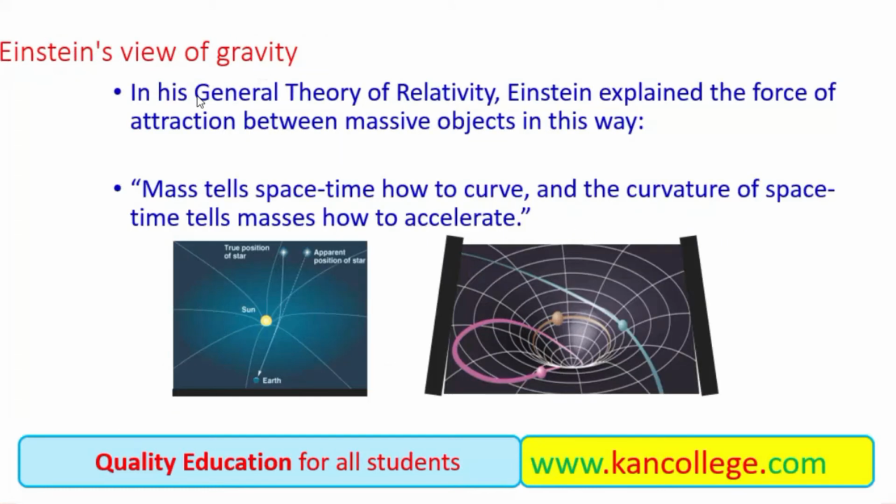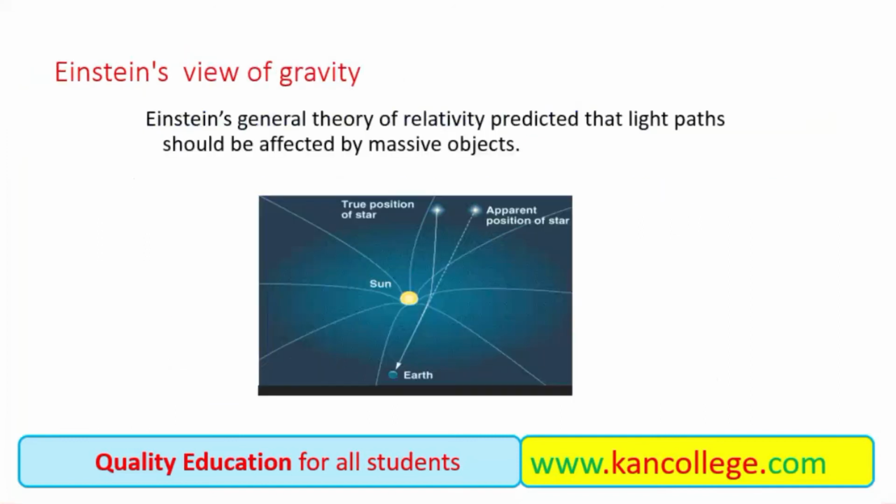Einstein's view of gravity. In his general theory of relativity, Einstein explained the forces of attraction between massive objects in this way: mass tells space-time how to curve, and the curvature of space-time tells masses how to accelerate. Einstein's general theory of relativity predicted that light paths should be affected by massive objects.